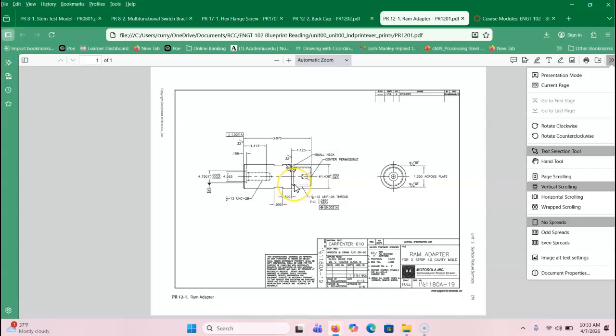So we can assume that this is basically 1 inch of thread engagement along here, which would mean if we were to actually count, there should be 12 threads on that side. That's basically a couple of prints here for you to take a look at and read, and see how the actual thread form is called out on these prints.